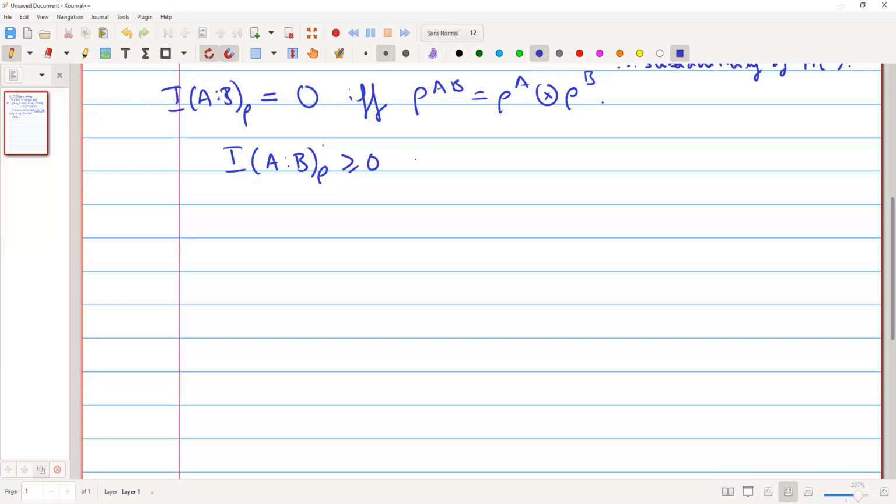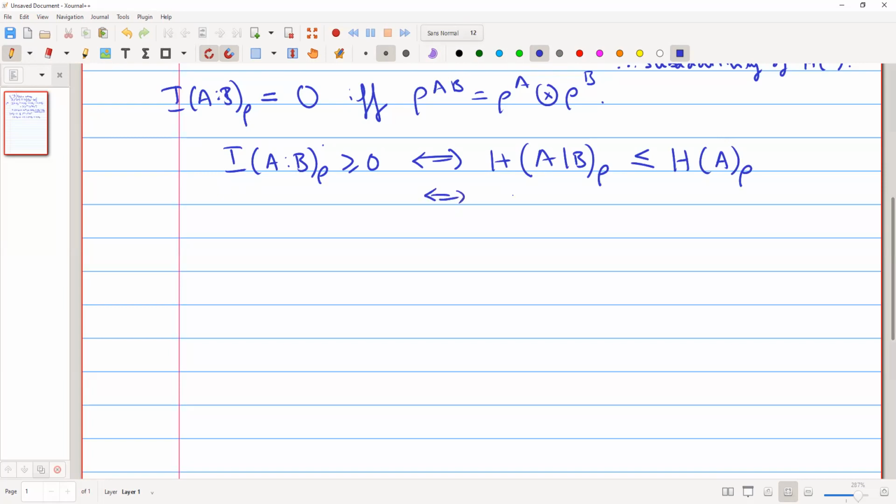Another equivalent way of saying it is that H(A|B) under rho, the conditional entropy, is always less than or equal to the unconditional entropy H(A). In other words, conditioning can only decrease entropy.